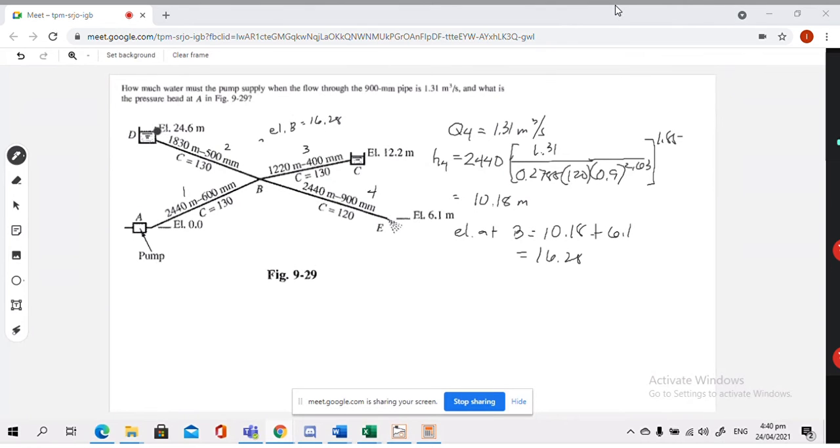So meaning, gikan dire paingana, then paingana, paingana. Kibaw ta nga ang flow is paingana, ingana, ingana. Asa kani.